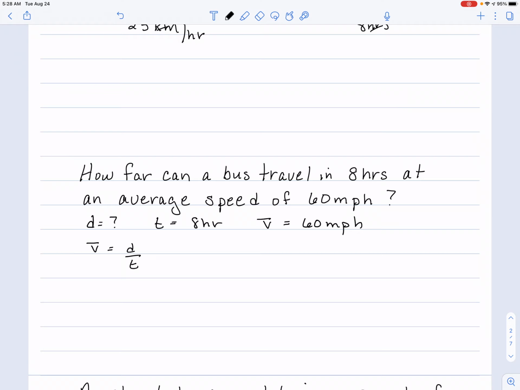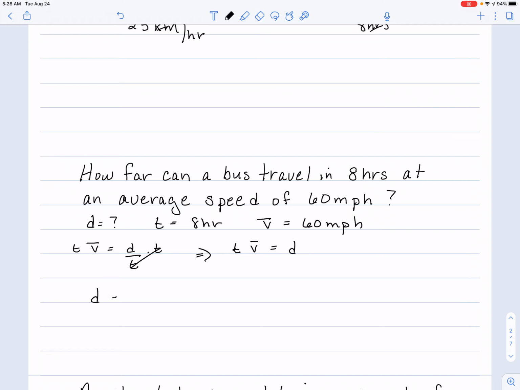Okay, so we are looking for how far, so we're looking for distance, so we're going to multiply both sides by t, and then we're going to cancel out t, and therefore our formula is going to be t times v equals d.